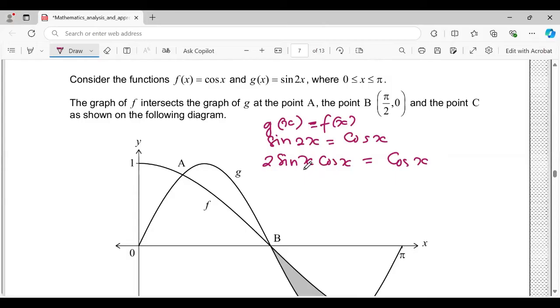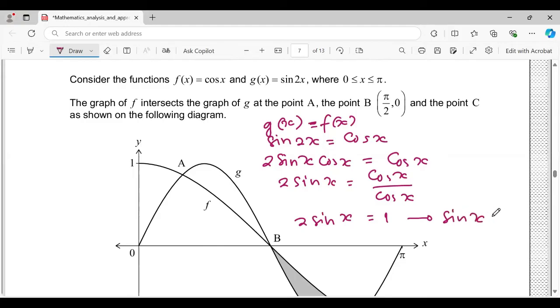So it means 2 sine x equals cosine x over cosine x, which is 1. So 2 sine x equals 1 and sine x equals half.